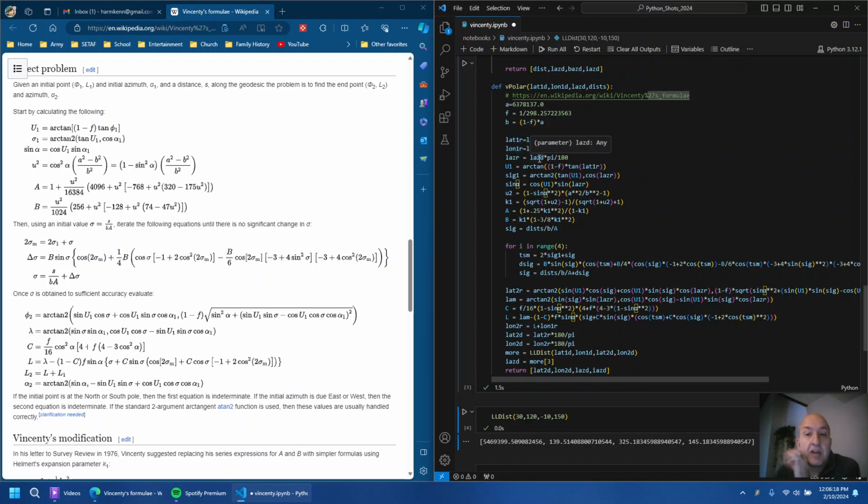I'm going to take my direction that I'm leaving point 1 at, turn that into radians. Go find U1, sigma 1, sigma alpha, U2. I did the first part, not the second part. Wait. Yeah, I did the cosine one. The cosine.